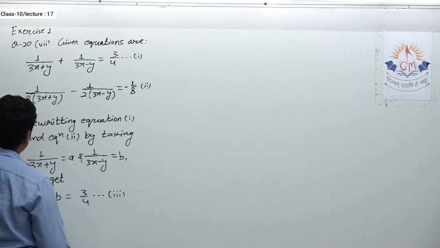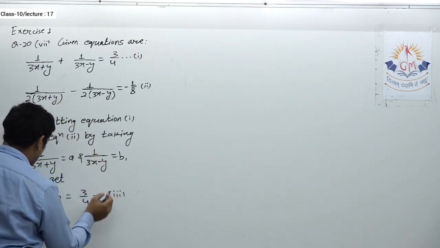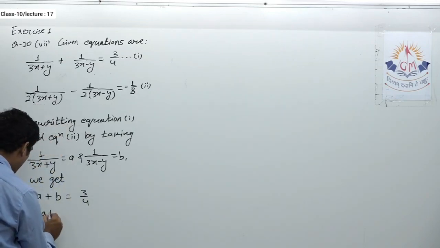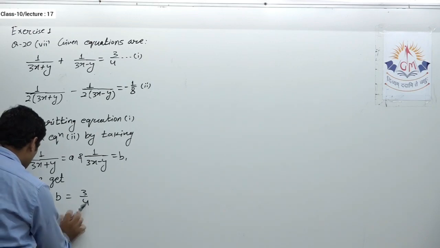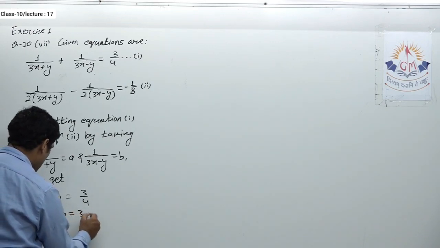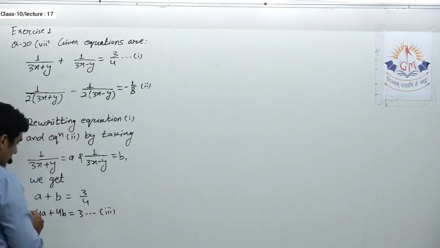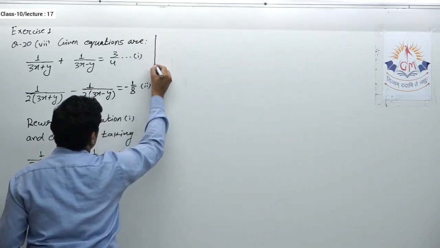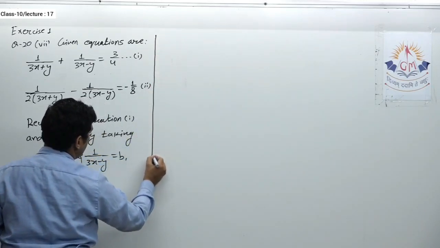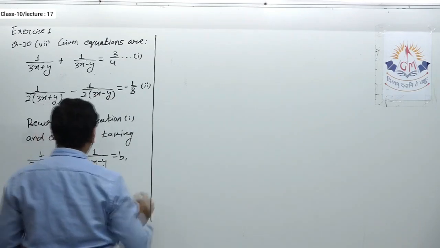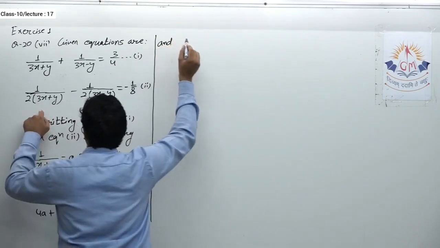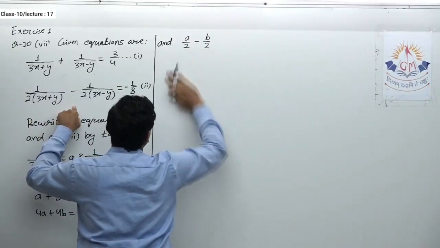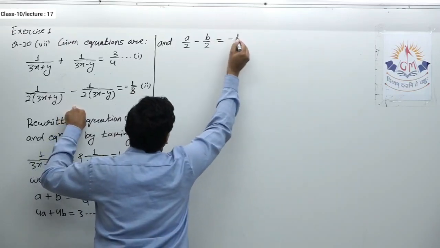And over here we will get a upon 2. Before this, it's better to simplify this further. 4a plus 4b is equal to 3. Let it be equation number 3. And we get a upon 2 minus b upon 2 is equal to minus 1 upon 8.